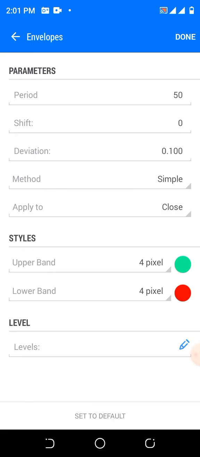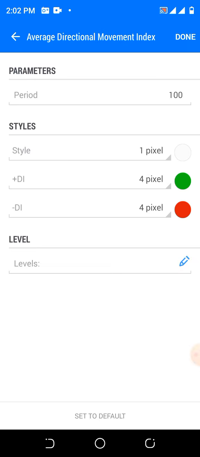Now the second indicator is the average directional movement index. The period is 100. The color of the style should be the same color as your screen background. So for the plus DI and minus DI of the average directional movement index, the plus DI color should be green, while the minus DI color should be red.